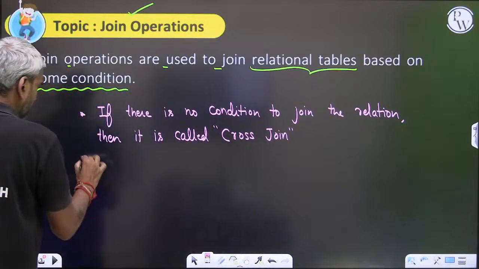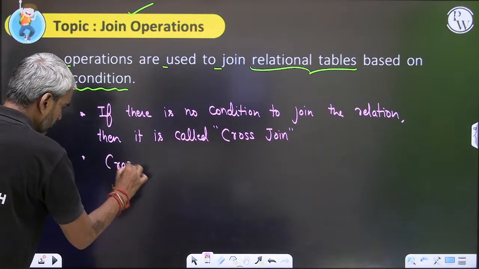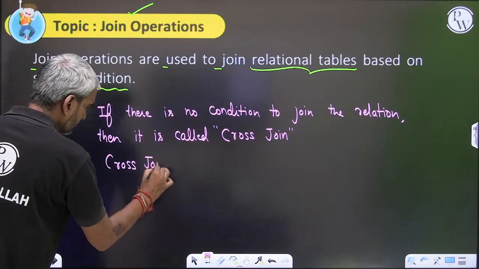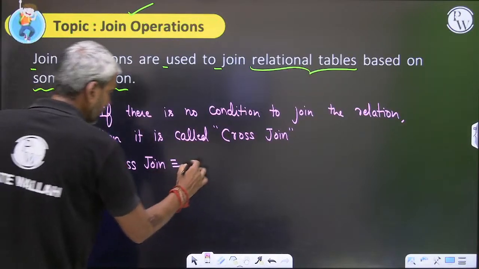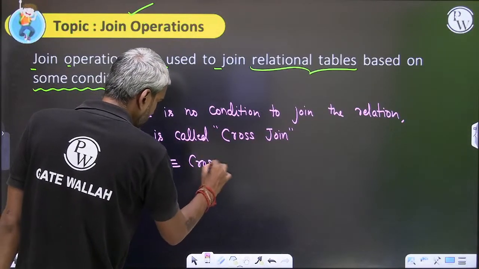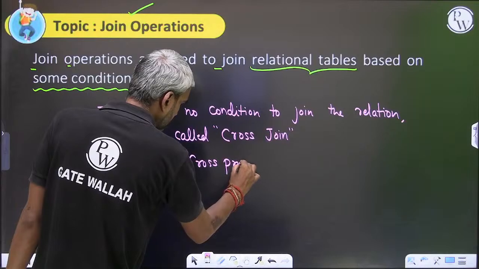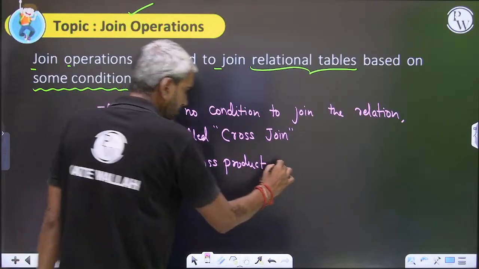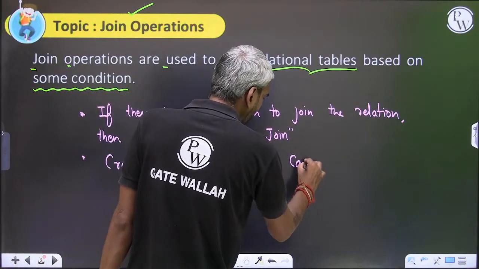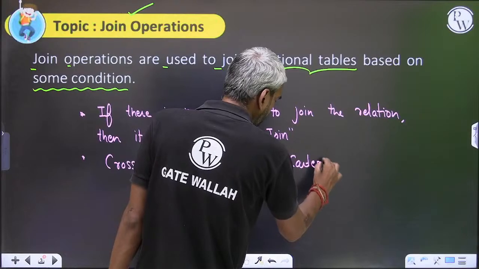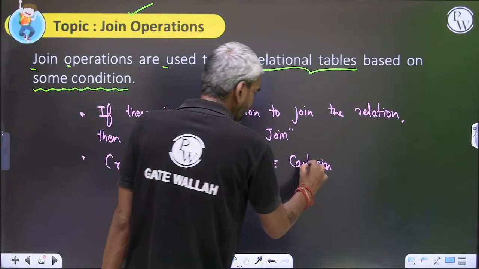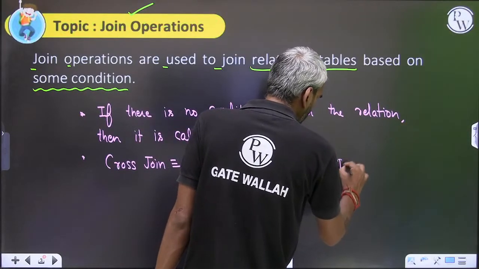Whether you say cross join, cross product, or Cartesian product, they are all the same. There is no difference between these three terms. The effect will be exactly the same.